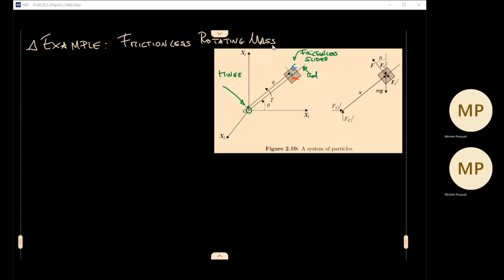Now, what we have done, instead of using the Cartesian coordinates, is describe the state of the system using only two coordinates, theta and q, which completely define the state of the system, and this is the super important thing, they already completely satisfy the constraint equations of the system.